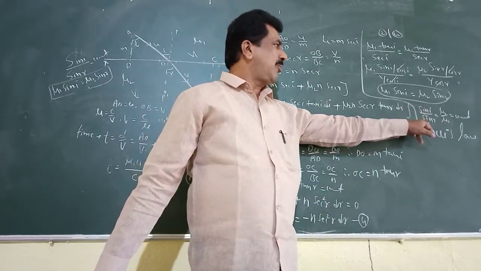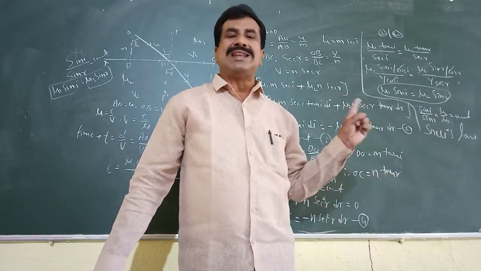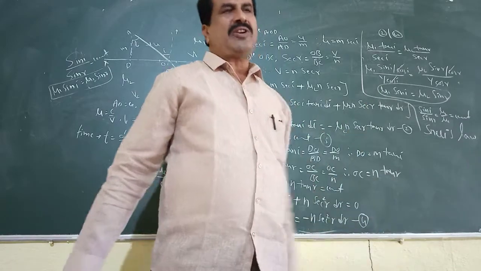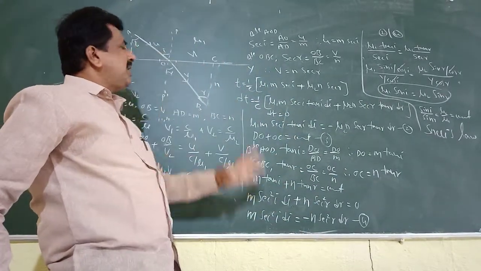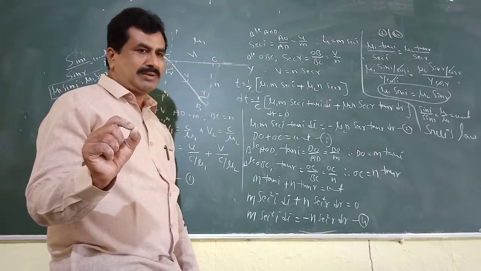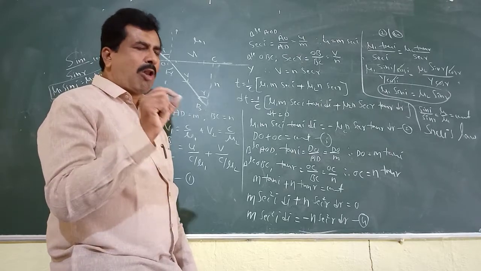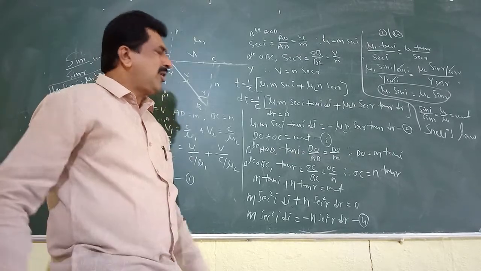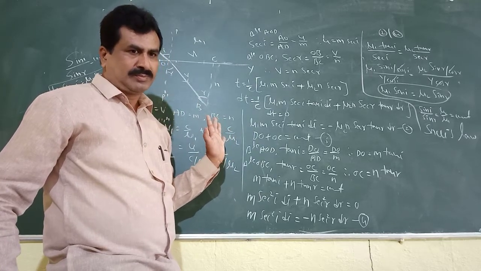Therefore sin I divided by sin r is equal to mu2 divided by mu1 is equal to constant. Hence Snell's law. And also the first law: the incident ray, refracted ray and normal at the point of incidence all lie in the same plane. So we can derive these laws of refraction from Fermat's principle. Okay.